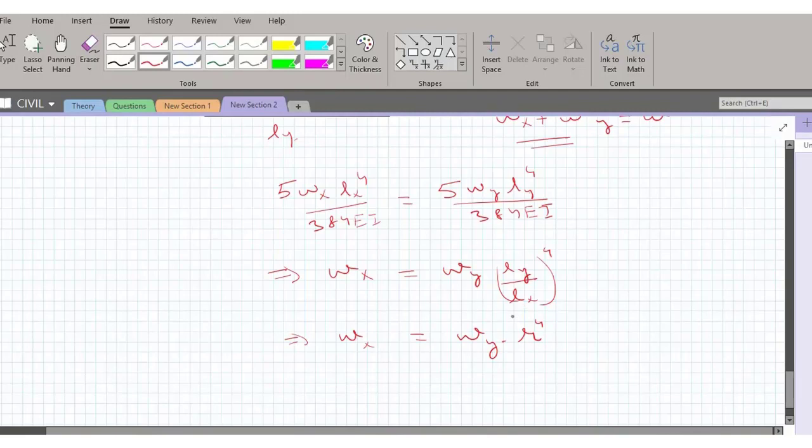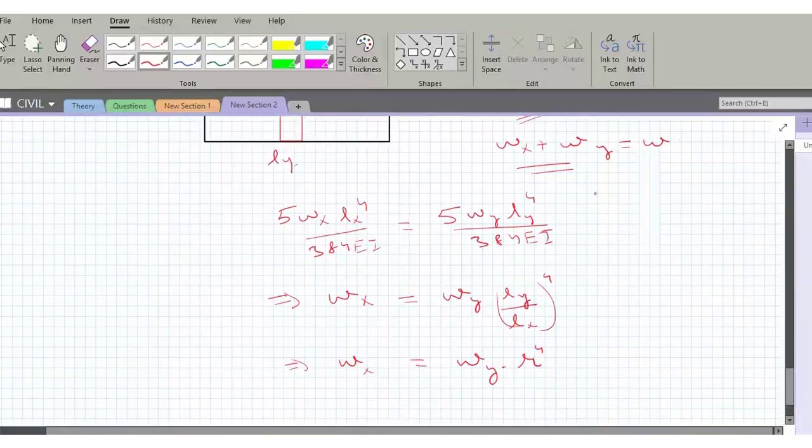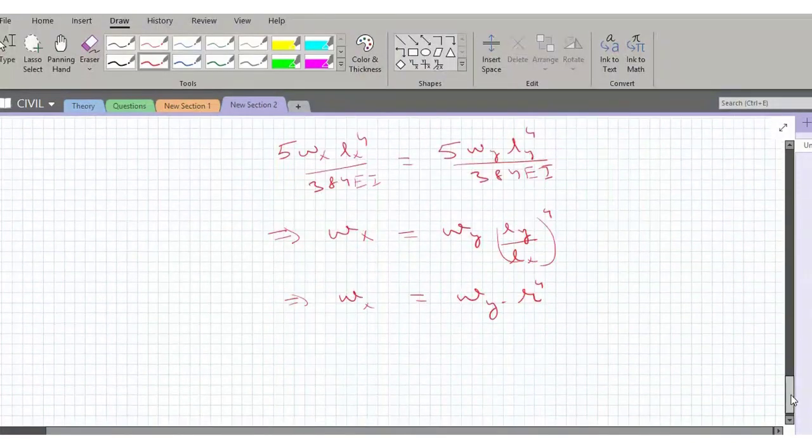Now this Wx, if I substitute over here, let me do it here itself. If I substitute the value of Wx over here, what do I get? I get Wy (1 plus R to the power of 4) equal to W. So this value I am substituting in this equation.